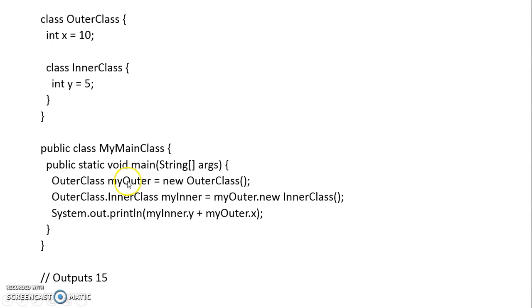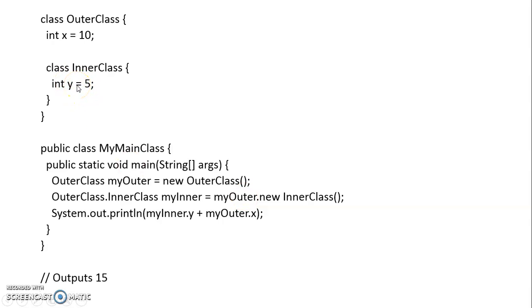So here I have created the object of my outer class. Then to create an object of the inner class, there is a syntax. You have to specify the outer class name, then dot, inner class. Here is my object of the inner class. Now only you can access the variable y.